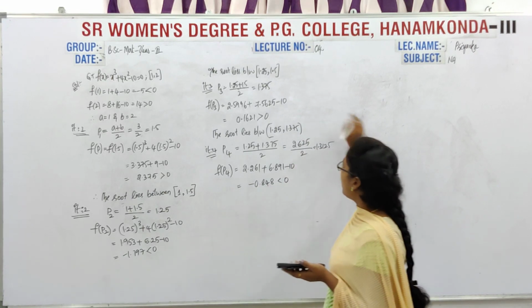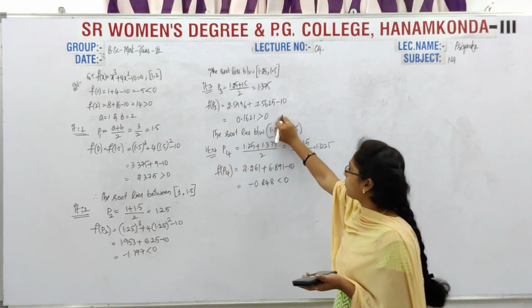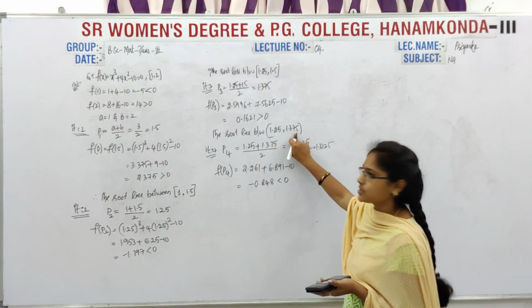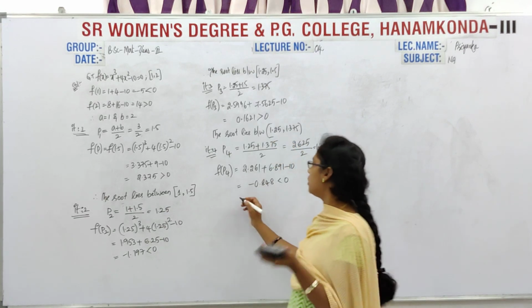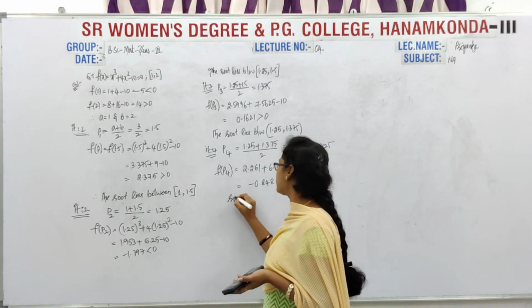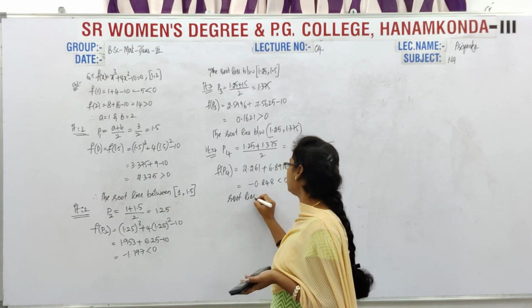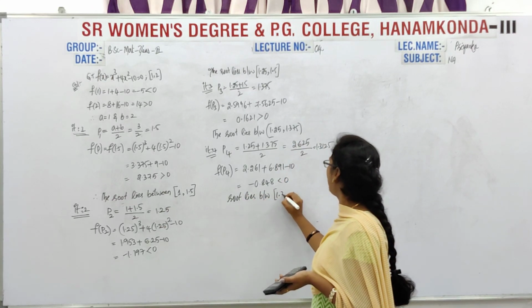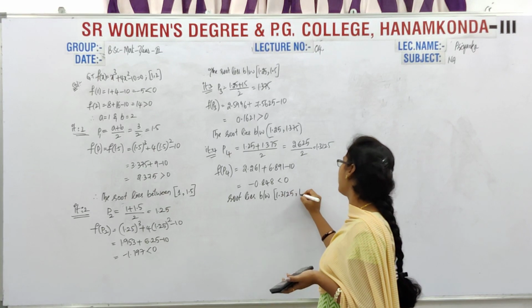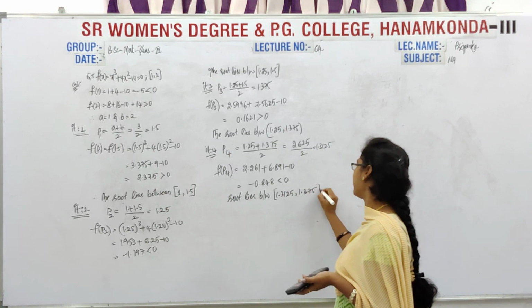So now here this one is positive, right? So definitely we have to take this one positive, and here we have negative, so we have to ignore this 1.25 now. Therefore the root lies between 1.3125 comma 1.375.